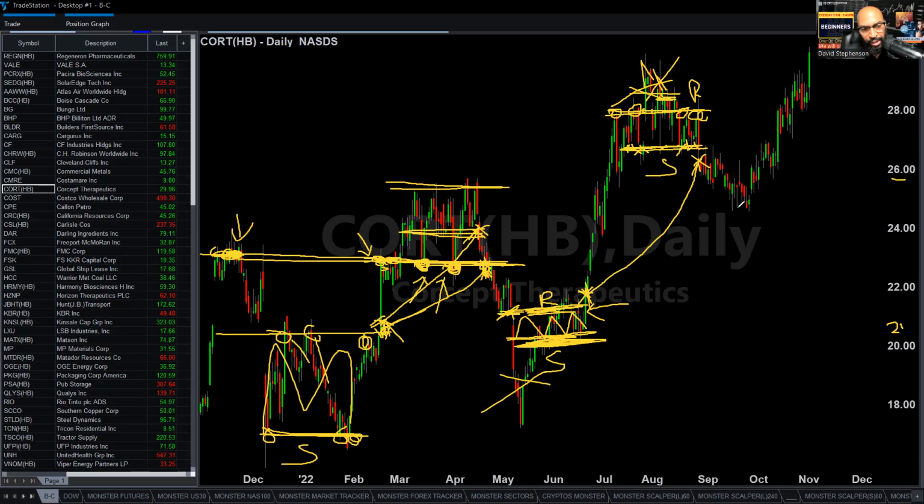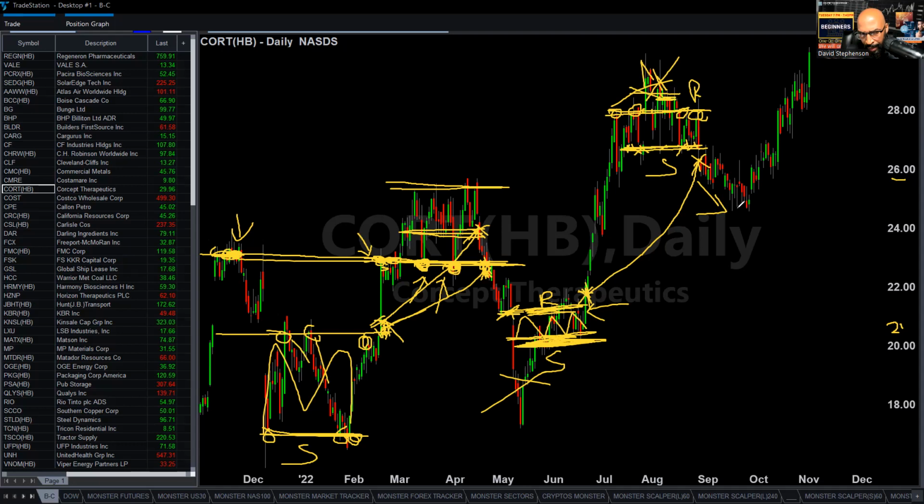So what phase is this here? If the price came down, broke support, that's the markdown phase.